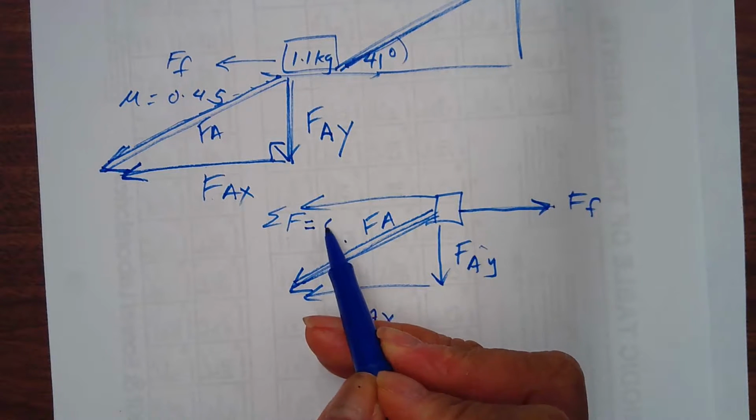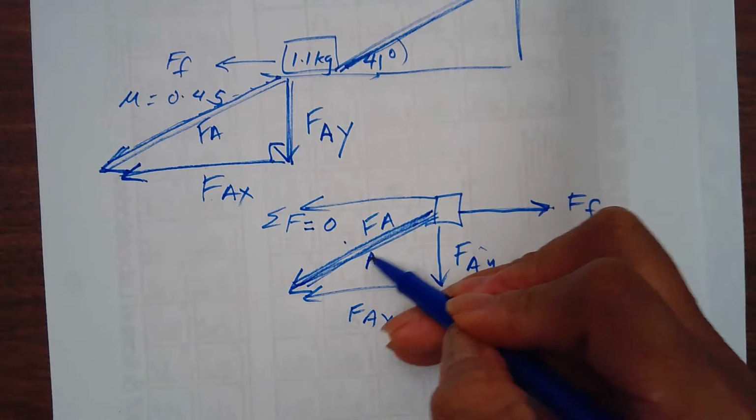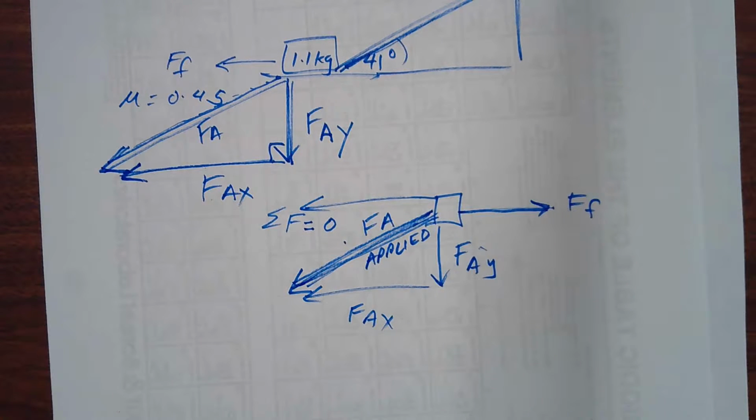The resultant is the actual applied force that you are pushing on the broom. That's the total amount of force of effort that you're applying to the broom. I'm pushing down like that. My applied force is this. That's the hypotenuse.